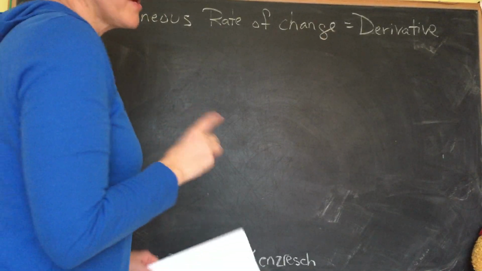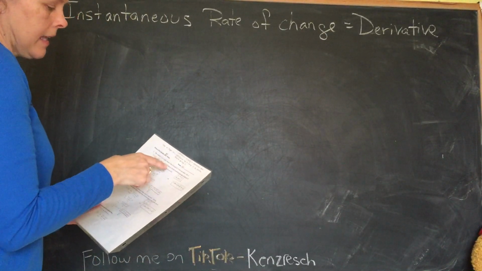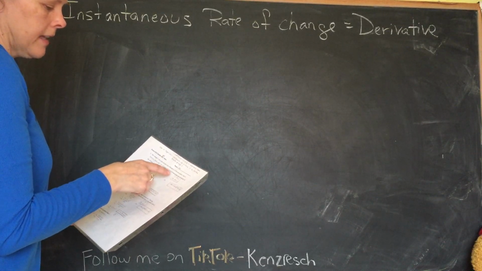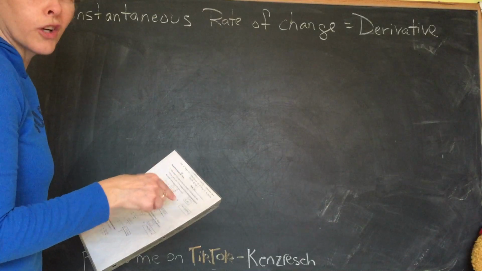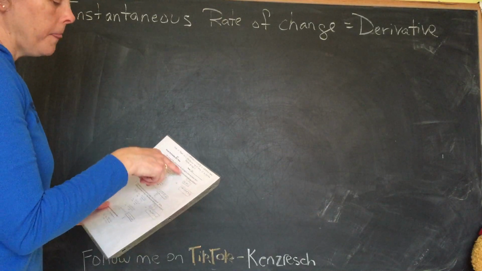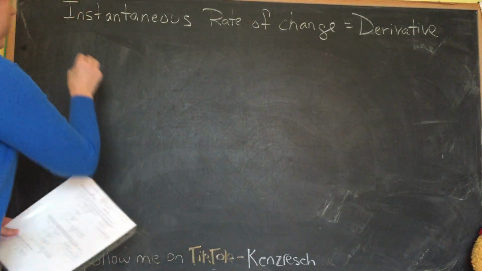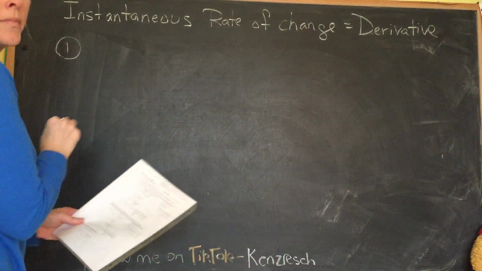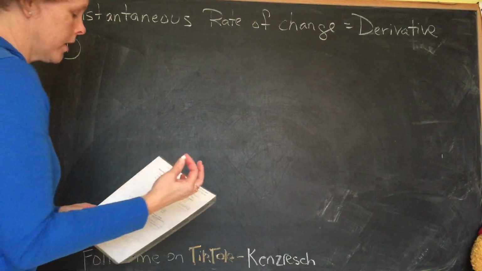In number 1, in the second line towards the end, it says find the instantaneous rate of change. Underline that line, circle it, highlight it, so that you remember that's the phrase that means find the derivative. We are also going to give you a formula in each problem, so you don't have to come up with the formula on your own, you just have to know how to use it.